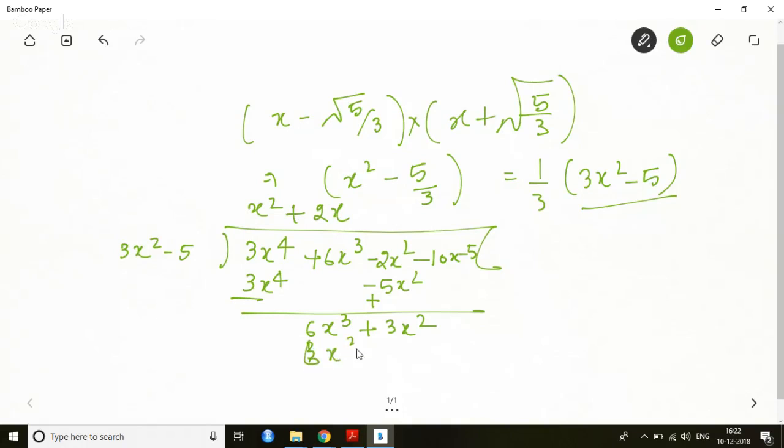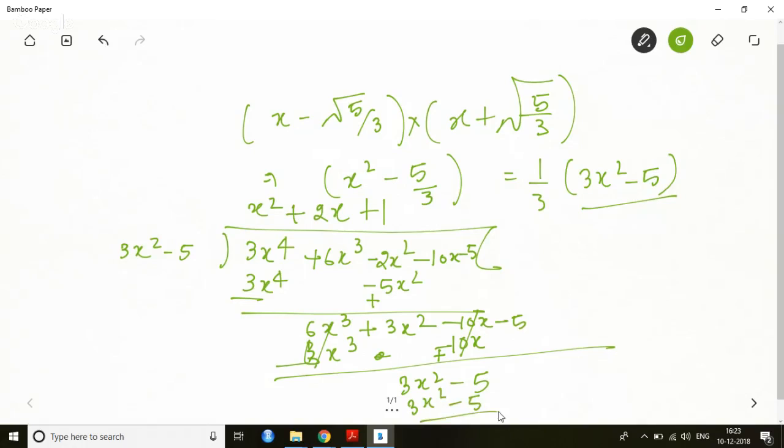Here I'll write minus 10x, and minus 10x will come from above also. So you see here, if I subtract this, this is gone and this minus minus becomes positive. I have 3x square minus 5 here, which will go one time. So this is gone. I have x square plus 2x plus 1 as the other factor.